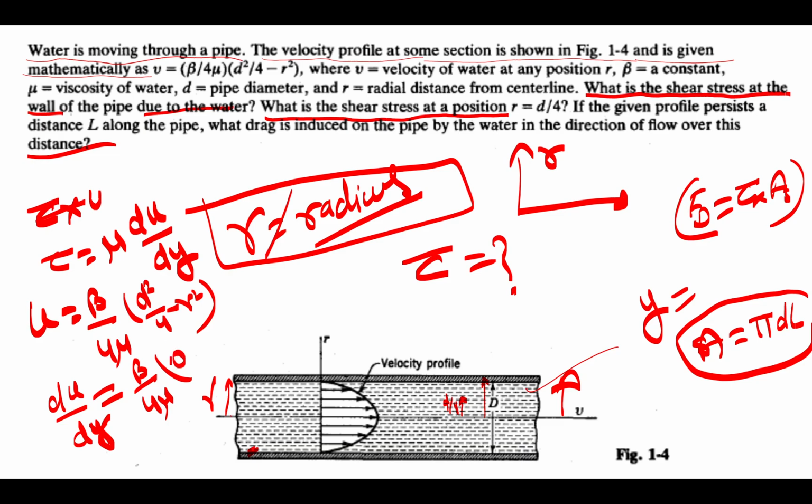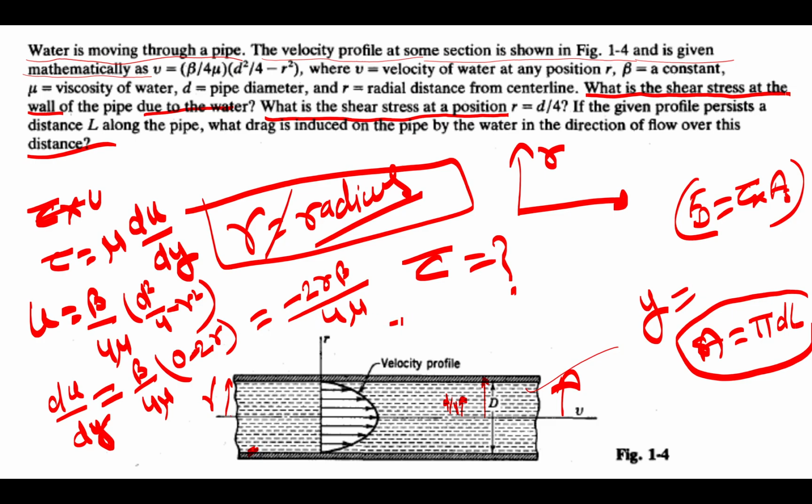This term will be 0 because here there is no r. Sometimes people think d is related with r, but it is not; r is equal to d by 2. So it will become minus 2r beta divided by 4 mu.